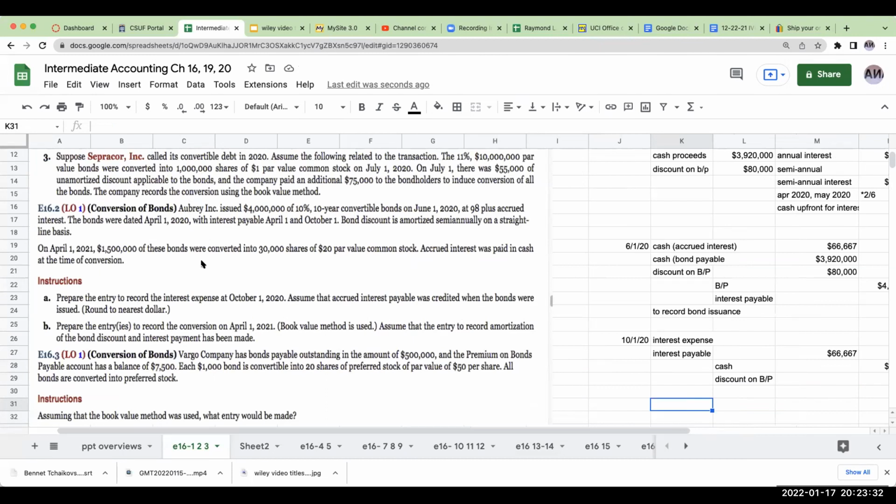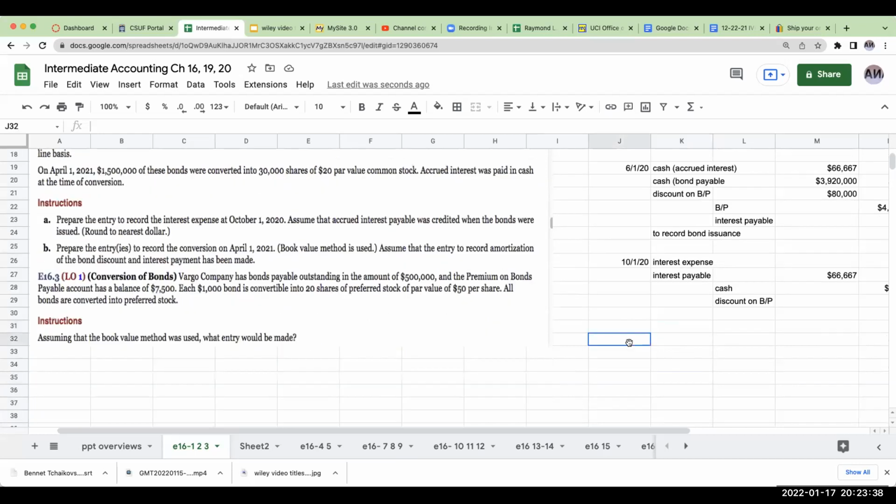Now, here's another thing that's very interesting about this question. Because the bond was issued 2 months into the bond term, out of this 10-year bond, and we've got 12 months per year, so we have over here 120 months.